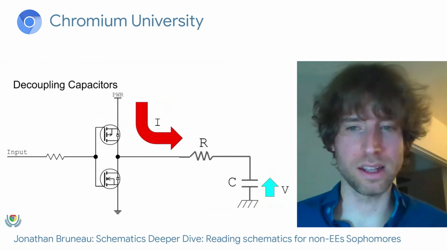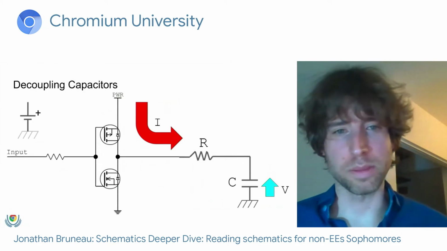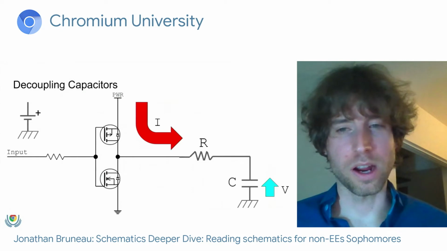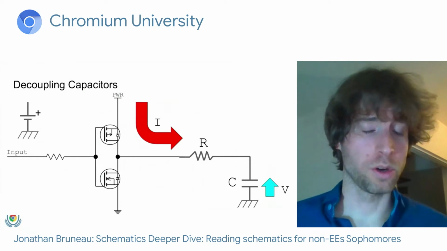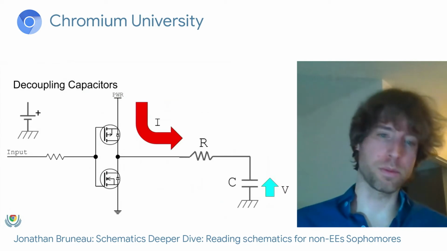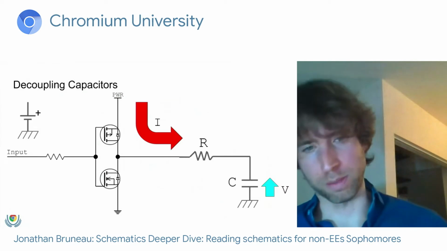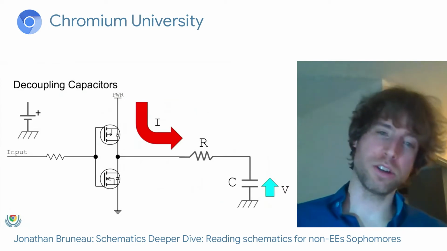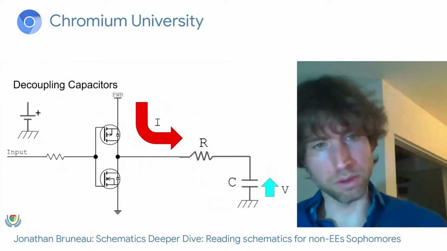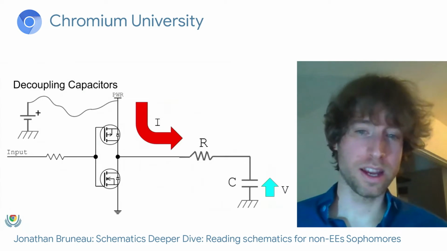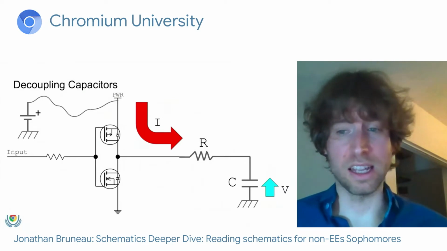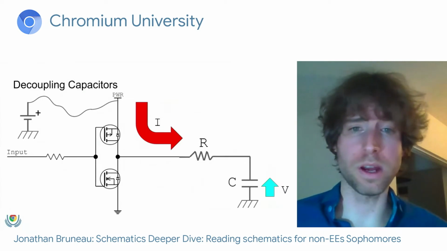But that's not the entire story, because the electrons that power this RC have to come from somewhere. So I just drew in a battery here, but from the previous talk, you know that the battery is plugged into a connector. So energy has to come from the battery through the connector and make its way all the way to our power source. And that's a long way, at least electrically speaking. It's a very long way.